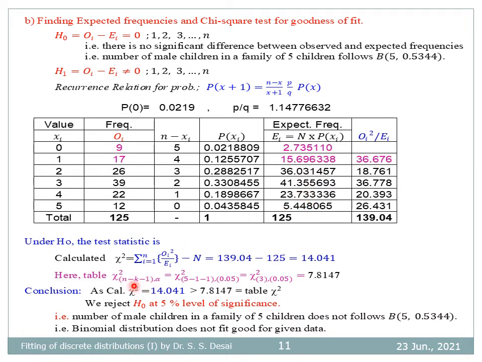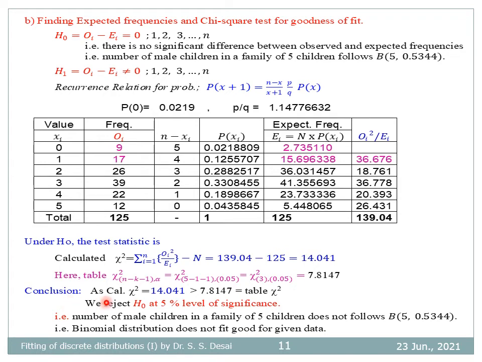So 5 minus k, where k is 1 parameter estimated, minus 1, that is 5 minus 1 minus 1, which is 3. Chi-square 3 at 5% level of significance, so this is the table value 7.8147.